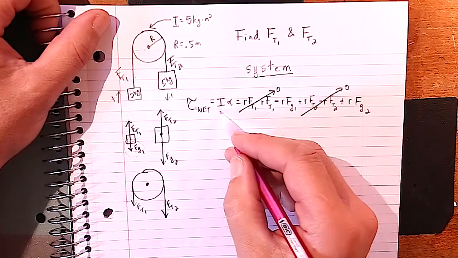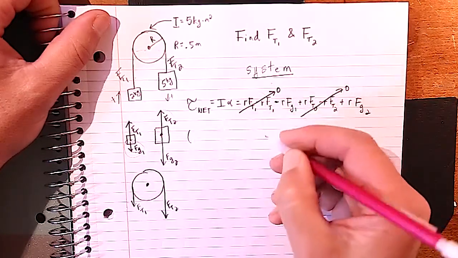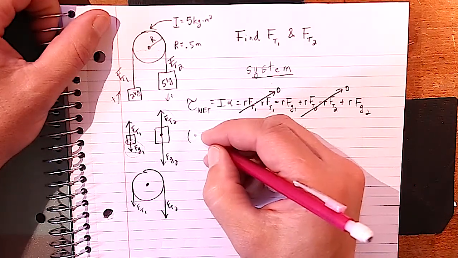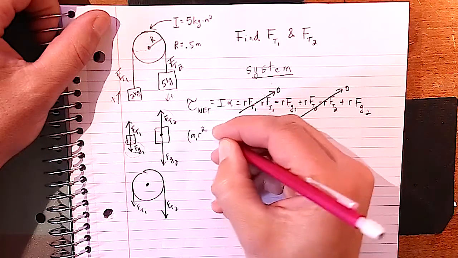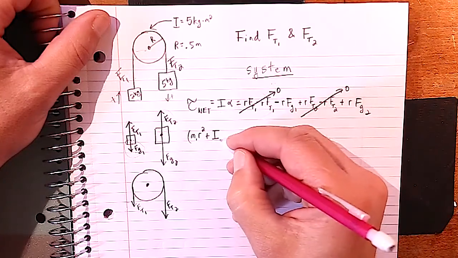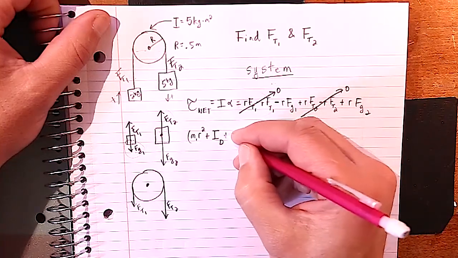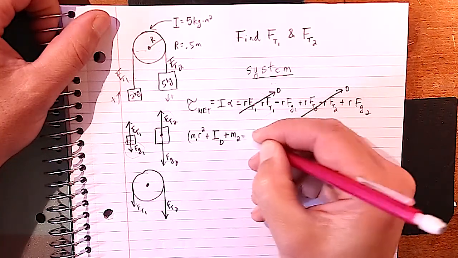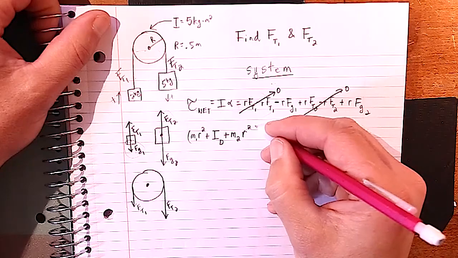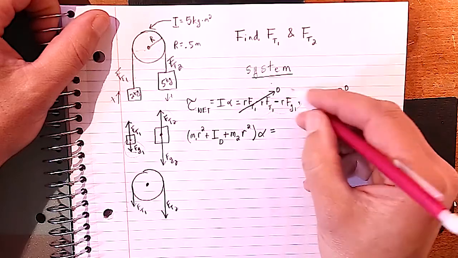Now we have the moment of inertia of the system, because we're solving for a system here. So we're going to have the moment of inertia of this block, and like in the last problem, that's just going to be m1r squared, plus the moment of inertia of the disk, and they don't tell us it's a solid disk, they just give us the moment of inertia as 5, so we'll leave that as I_d, plus the second object acting at radius r, so it's acting as a point particle, so that's m2r squared, all times alpha, is equal to, now what do we have left here?